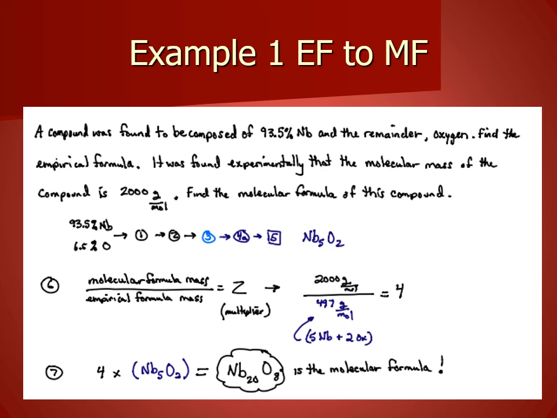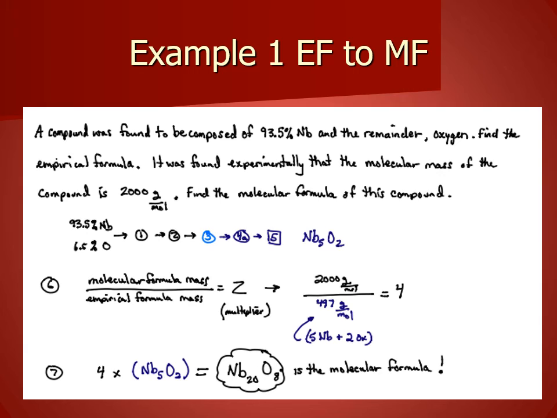So how I would find that multiplier is I could do a chart like that glucose chart, where you had the CH2O and it weighed 30 and you double it, triple it, quadruple it. That's time consuming. That's almost like trial and error. And so I'm going to eliminate that, and I'm just going to take the big mass given to me in the problem, 2,000 grams, and divide it by the empirical formula's mass.